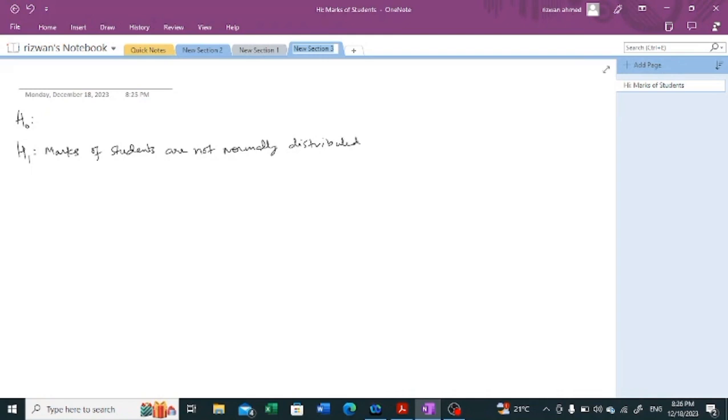and as a statement contradictory to the one that we have written down in the alternative hypothesis, we state it as marks of students are normally distributed.